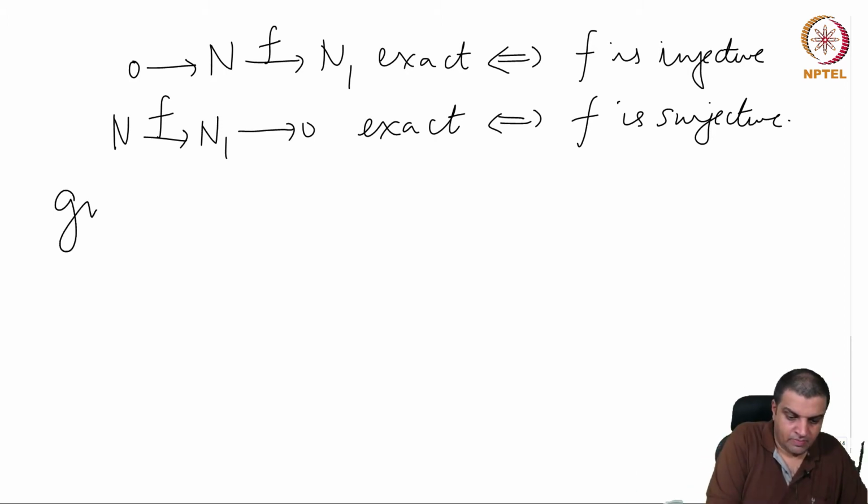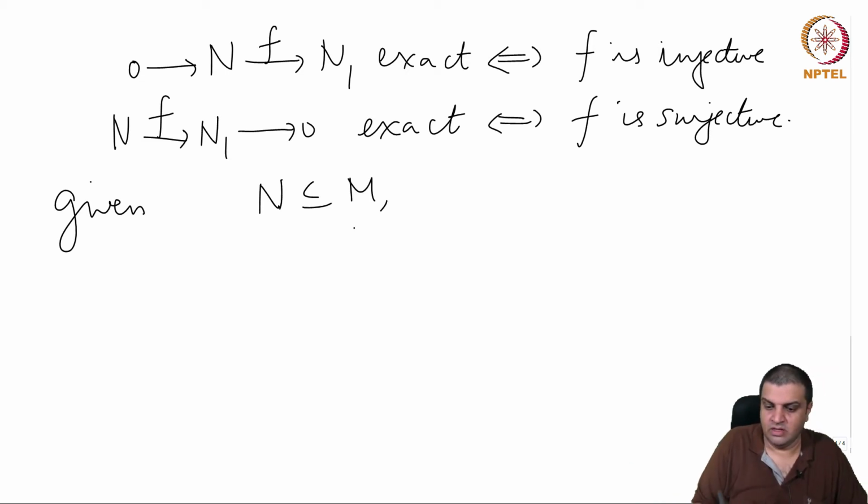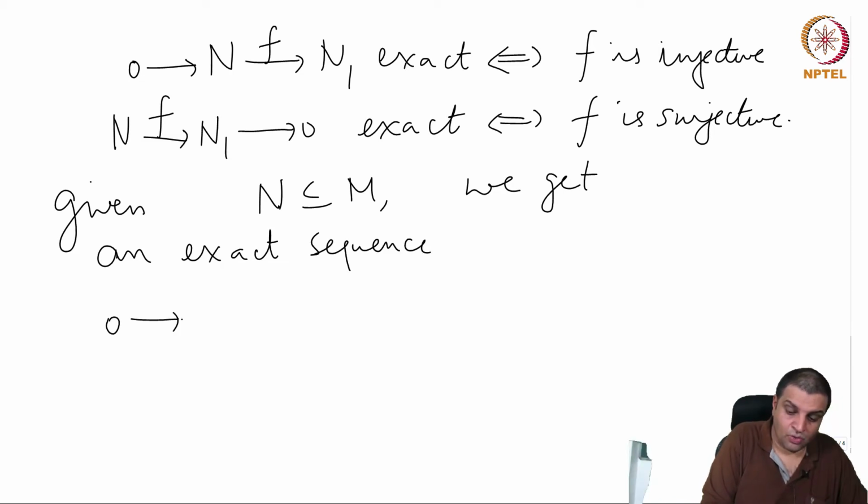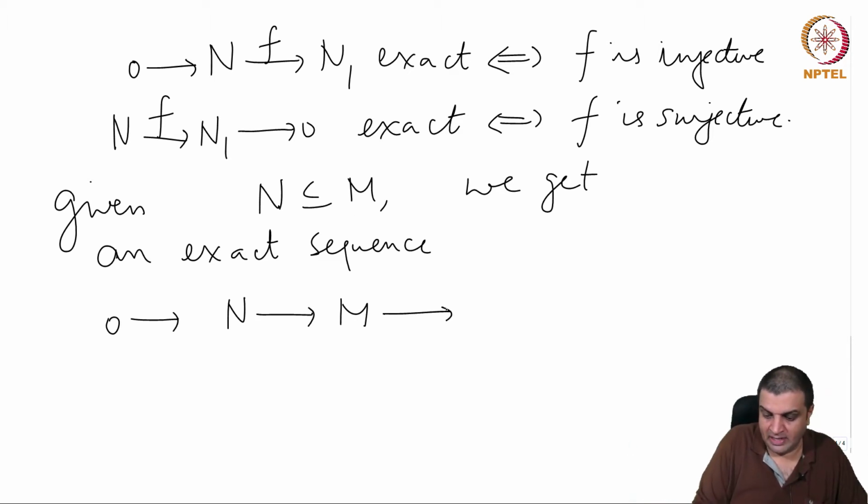And given N inside M, we get an exact sequence 0 to N to M. That is just to say it is a submodule, this is injective, and then M mod N to 0.